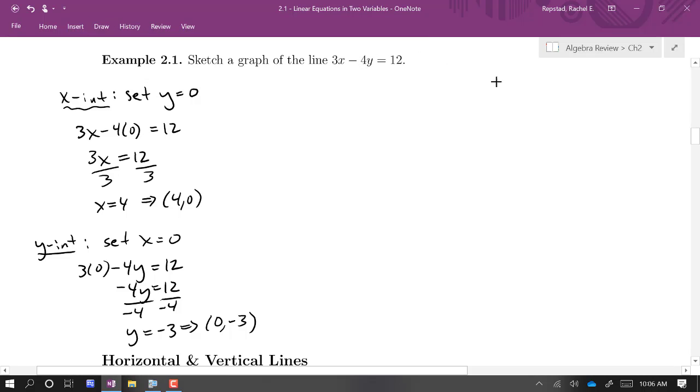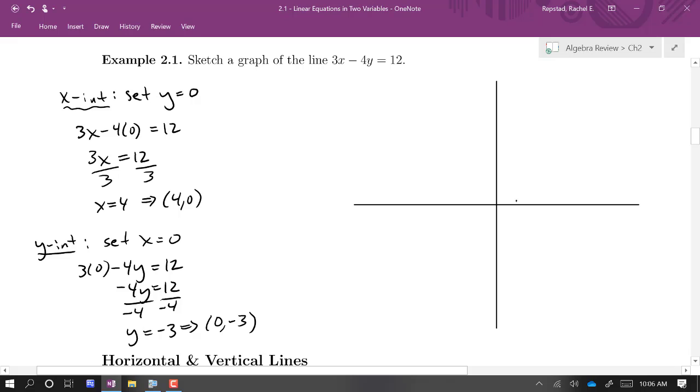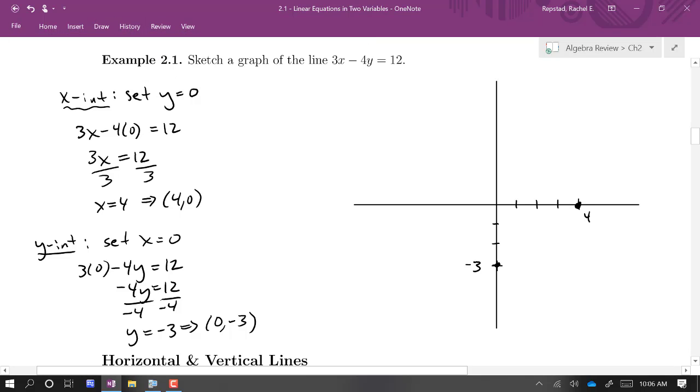And now we'll just plot these 2 points and connect them with a line. And there's the graph of the equation 3x minus 4y equals 12.